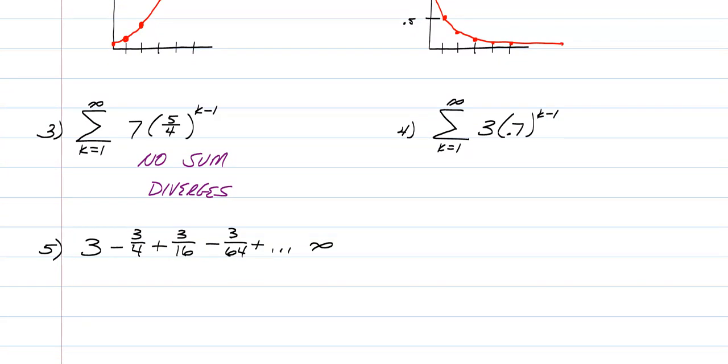So the sum of the infinite series is equal to the first term, which is 3, over 1 minus your rate of 0.7. Type that in your calculator and you're going to get 10. So we would like to say L is equal to 10, your limited term.